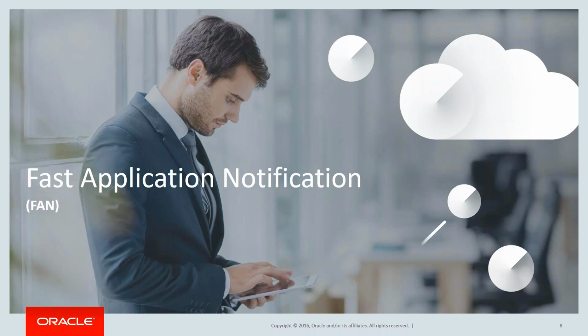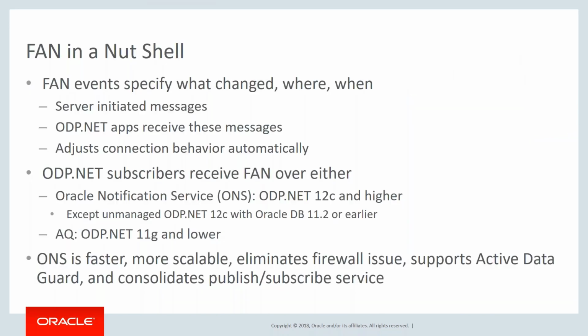So if you're going to use FAN on the server side, you have to use ODP.NET pooling on the client side. And I'll talk a little bit about how, if you're not using pooling, you can still use another technology called Transparent Application Failover. But most people are going to be using pooling so they can take advantage of Fast Application Notification. So what is FAN?